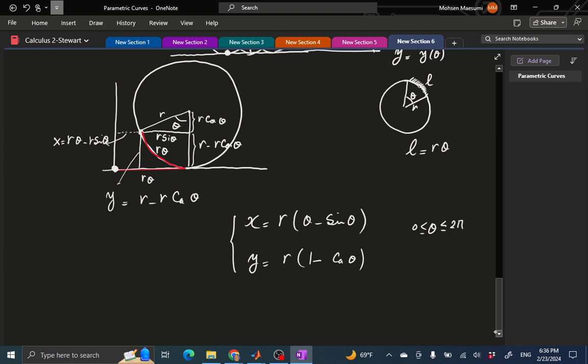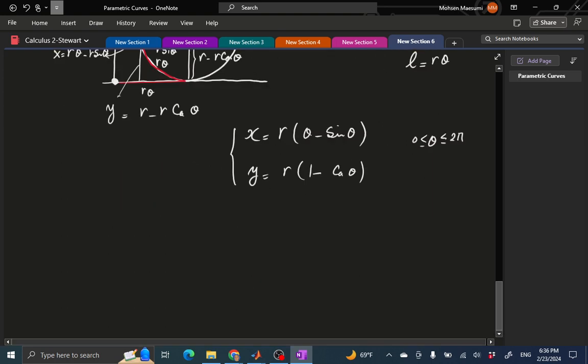I encourage you to read the history of this thing. So it also comes up under the Brachistochrone curve.